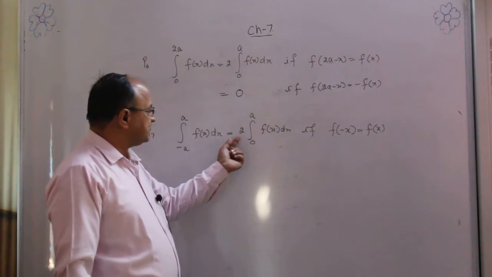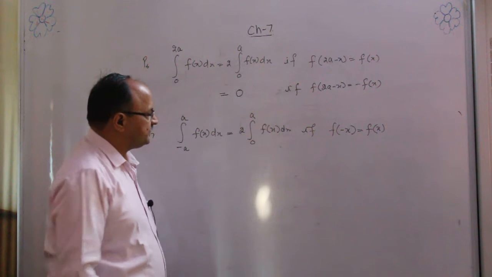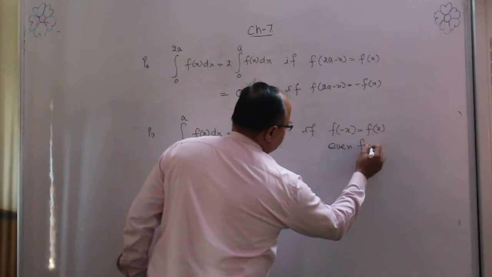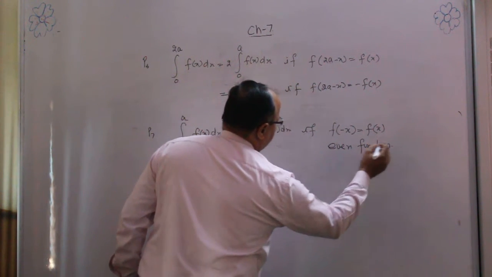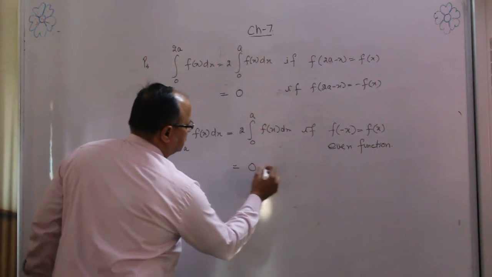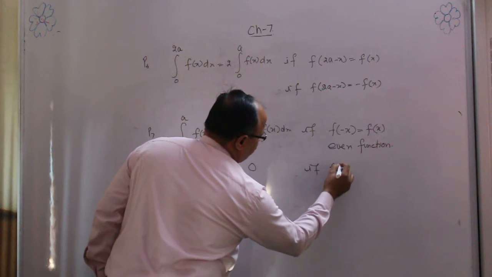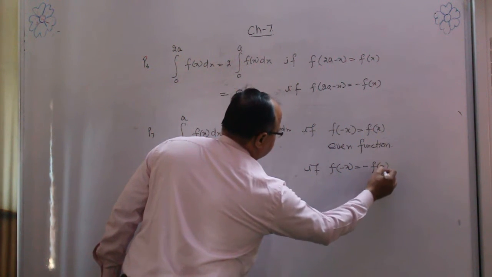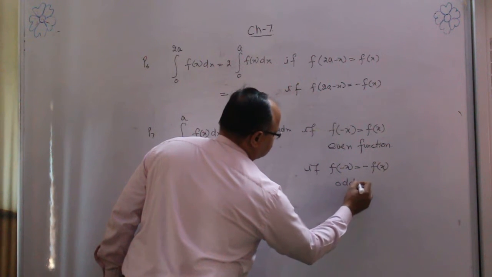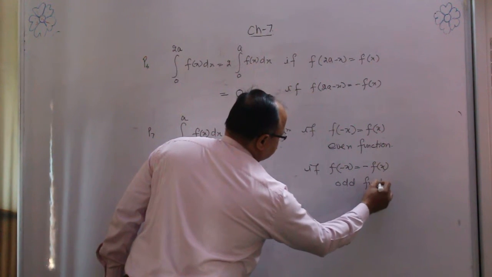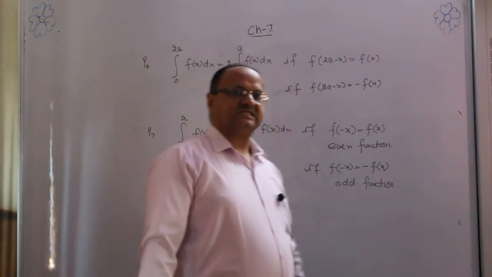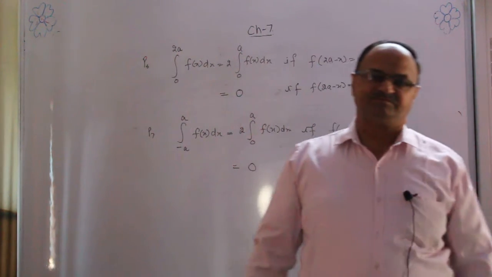It means you can convert the question into twice the limit 0 to a of f of x dx. This is called an even function. And the result is 0 if f of minus x is equal to minus f of x, and this is called an odd function. Clear? These are the 7 properties of definite integral.